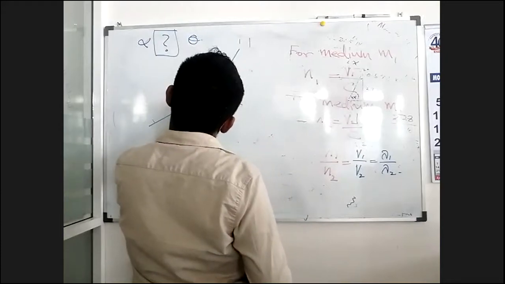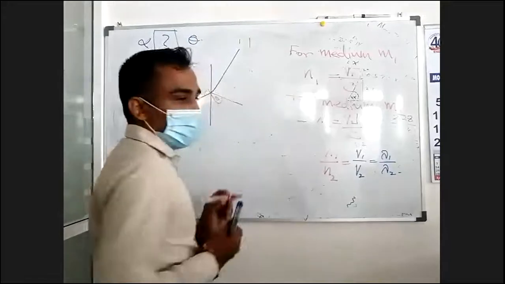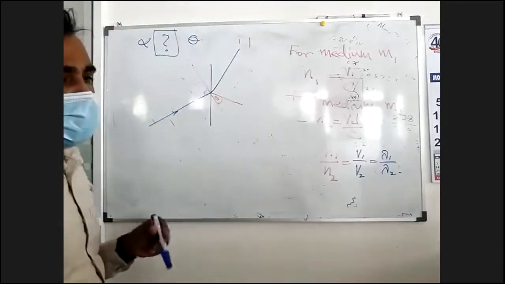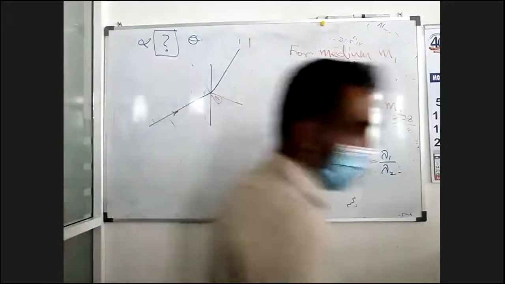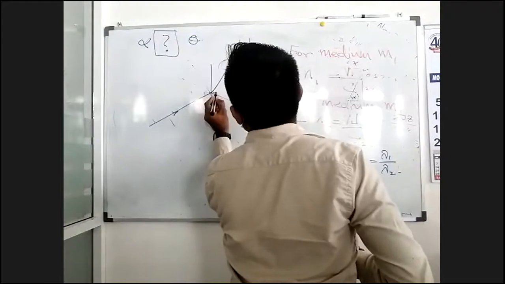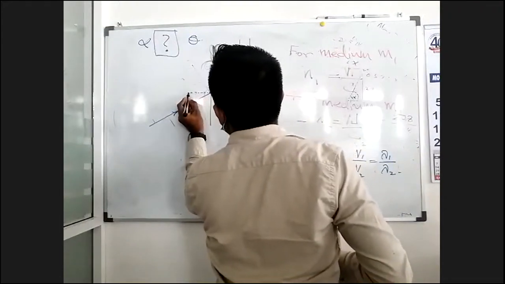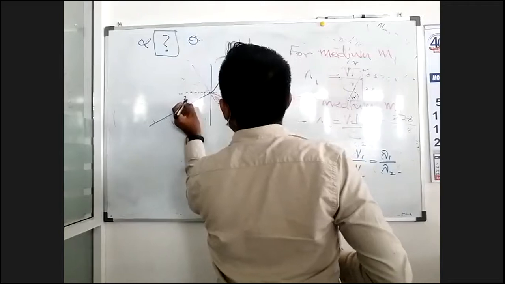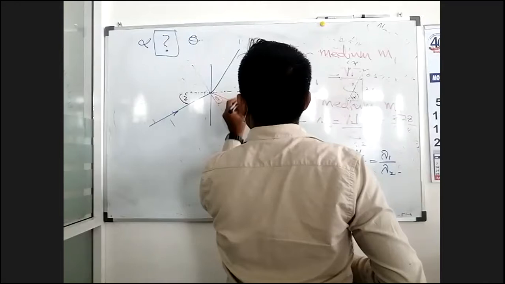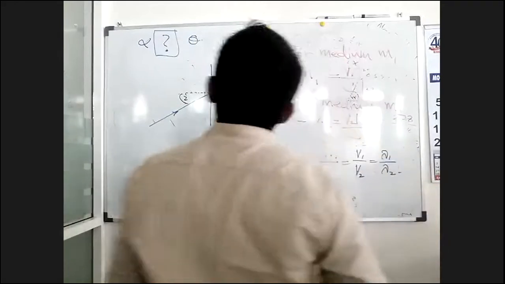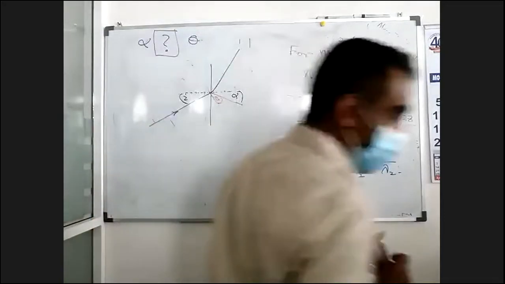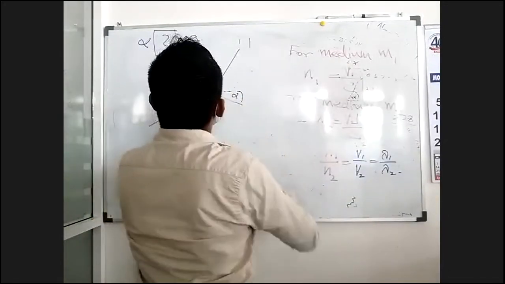Anyway, the amount of the deviation is theta, and we can consider this as I, this as alpha, and this is also perpendicular.